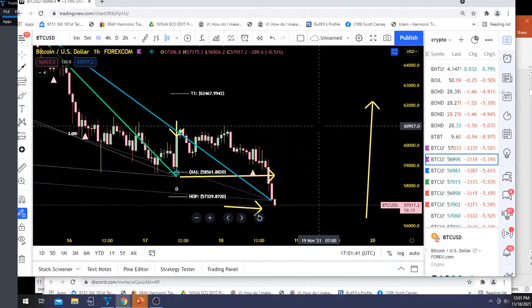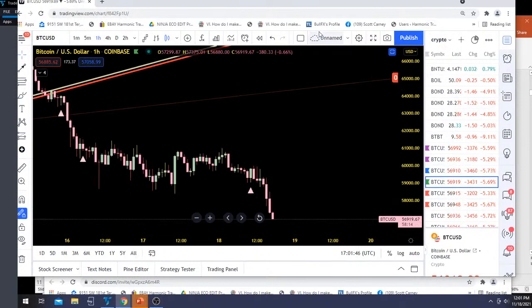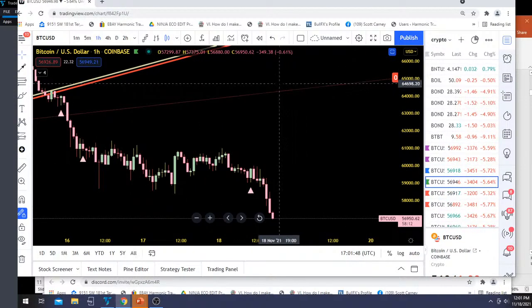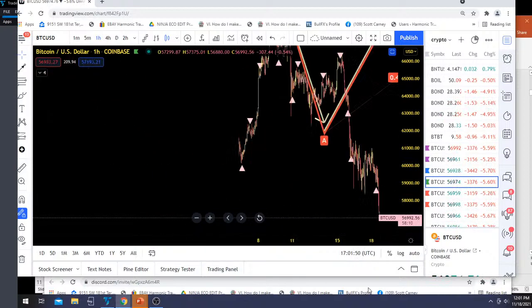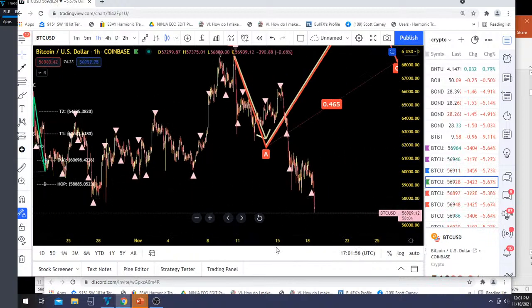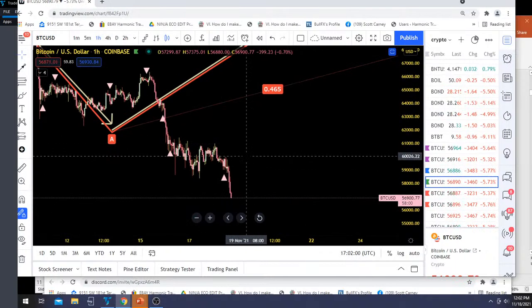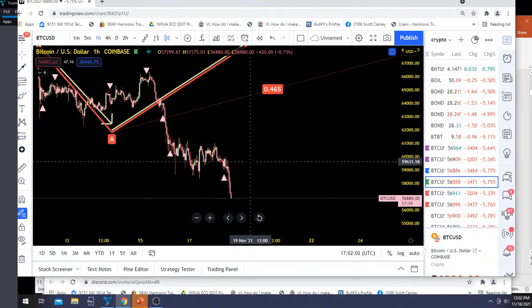Interesting stuff. 56.9. This thing's dropping. This thing could flush. I really think this thing could flush. It looks troubled on the retest, and you're sailing through the hop. The hop again, 57.3, and you just sliced it like butter.